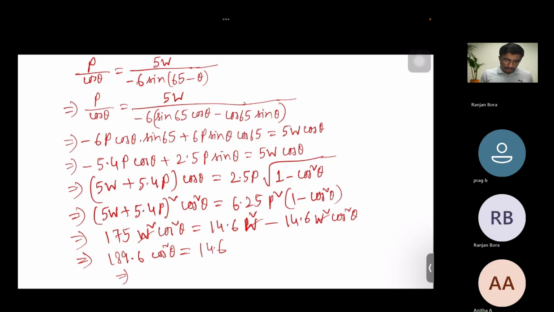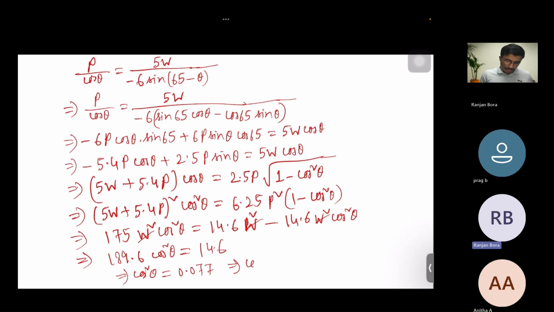So cos square theta will be 14.6 divided by 189.6, 0.077.